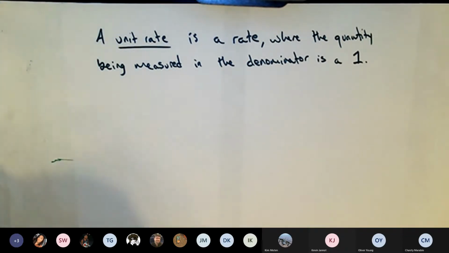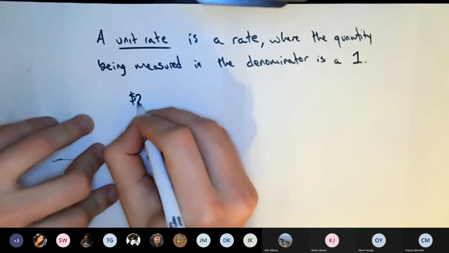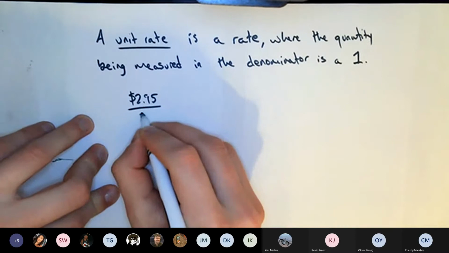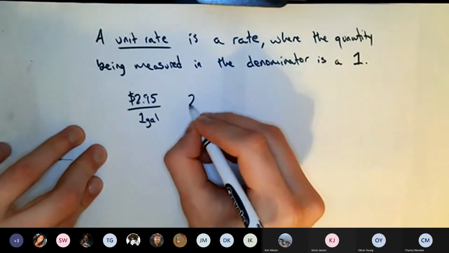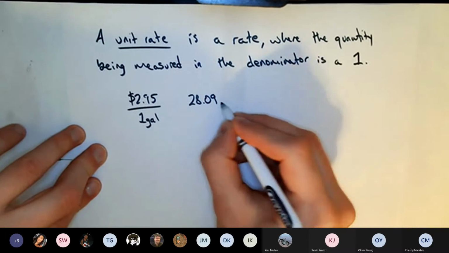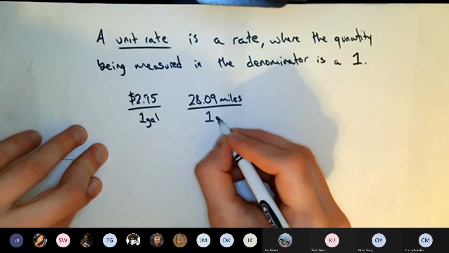A unit rate is just a rate where the quantity being measured in the denominator is a 1. So actually the very first example I gave, with that 2.95, the cost of gas, that 2.95 per 1 gallon, that's a unit rate. Or the thing we just found, 28.09 miles per gallon.